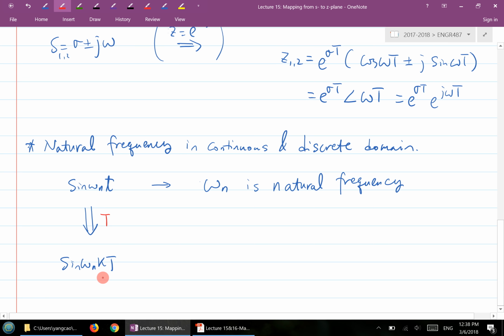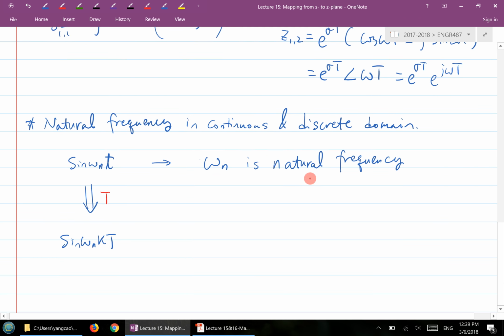It really depends on the choice of sampling time, which generates different sequences of numbers. If you pick your sampling time too big, then the numbers you generate may not be exactly the sinusoidal curve anymore.